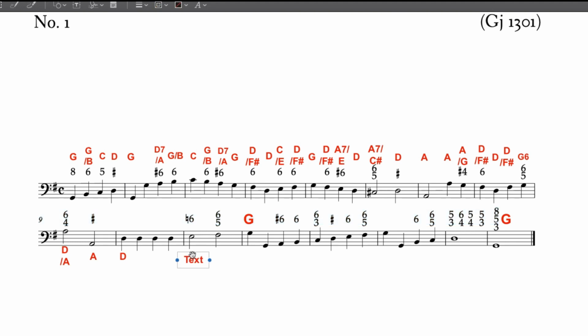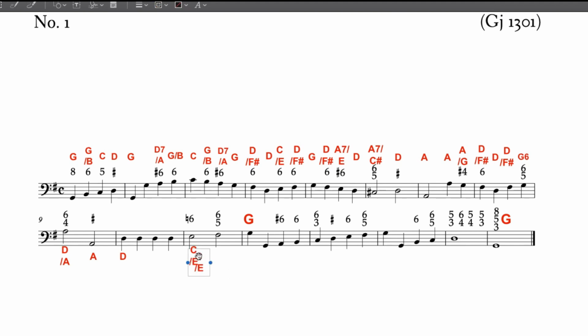It's a 6/3 chord, so it needs to be first inversion. So you go E, G, and the 6th is C. E, G, C, which makes it a C major chord. So this is actually C/E.